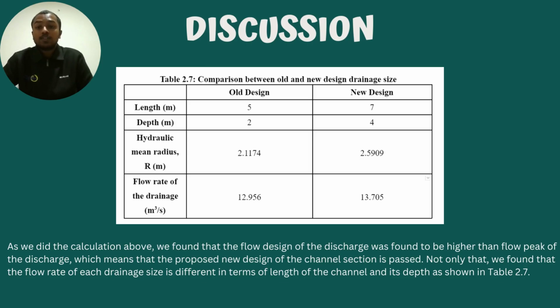As we did the calculation above, we found that the design discharge was higher than the peak discharge flow of the old design, which means that the proposed new design of the channel section passes. Not only that, we found that the flow rate of each drainage is different in terms of length, channel, and depth, as shown in table 2.7.